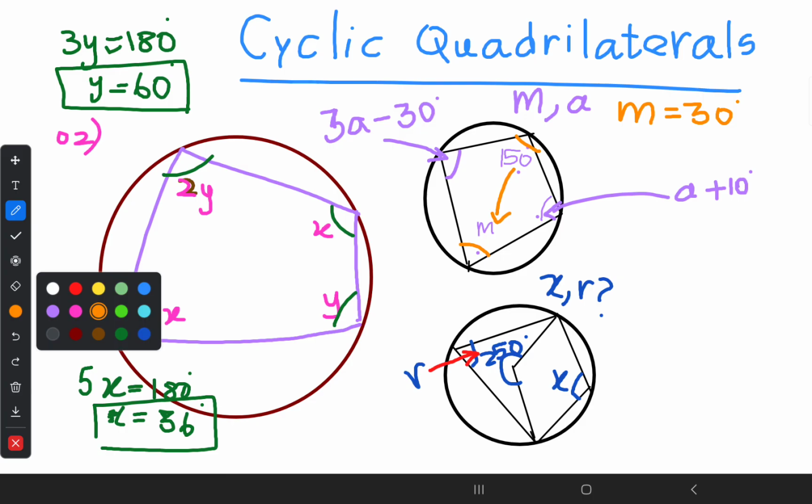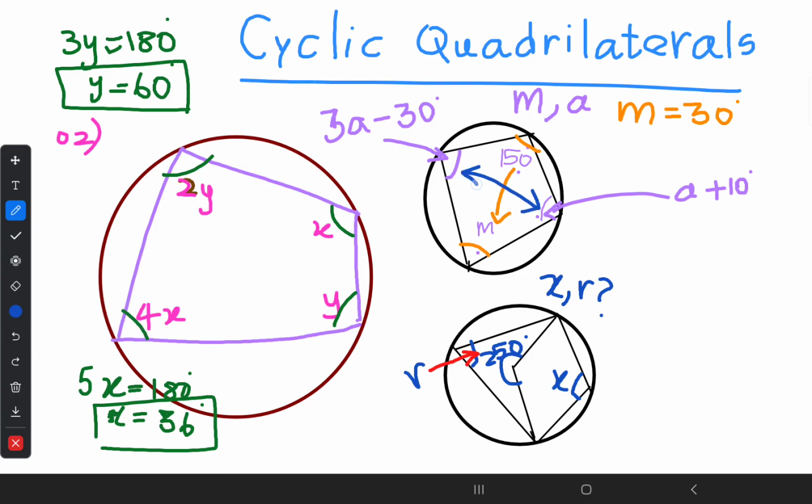Next one. That one is a different one. The sum of these two will also give you 180. Let's take the sum. 3a minus 30 plus a plus 10 equals 180 degrees. So 3a plus a will become 4a.